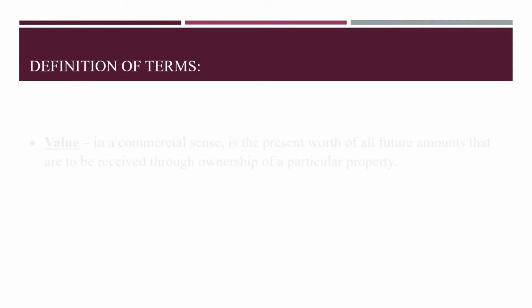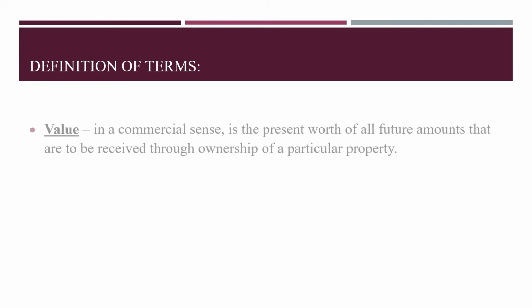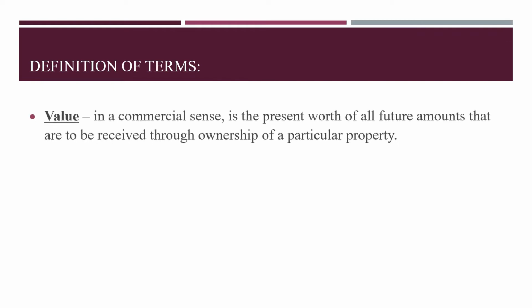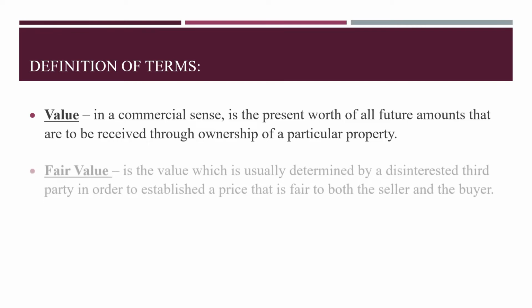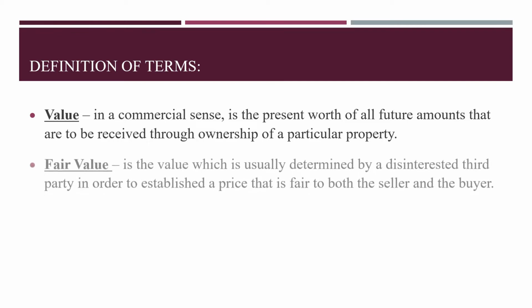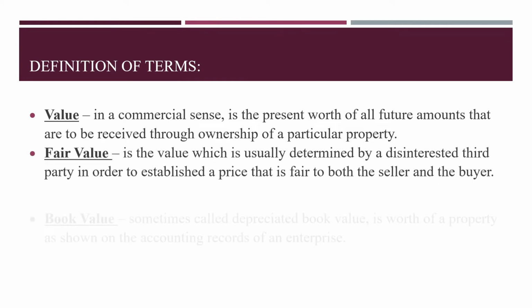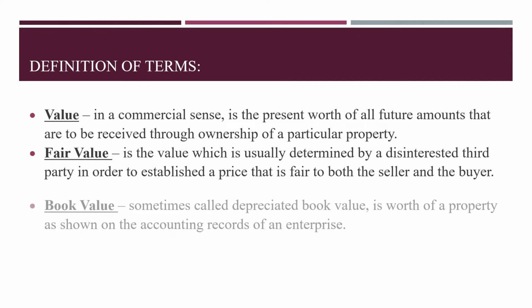First term is value. It is, in a commercial sense, the present worth of all future amounts that are to be received through ownership of a particular property. While on the other hand, fair value is the value which is usually determined by a disinterested third party in order to establish a price that is fair to both the seller and the buyer.